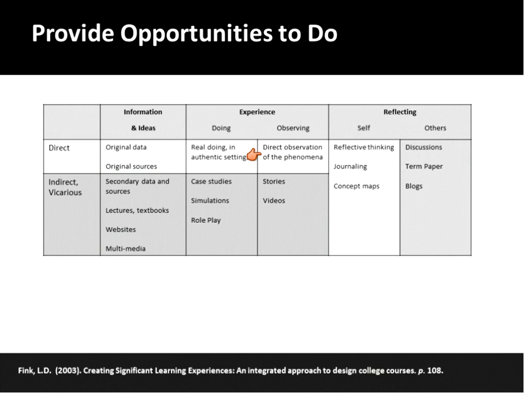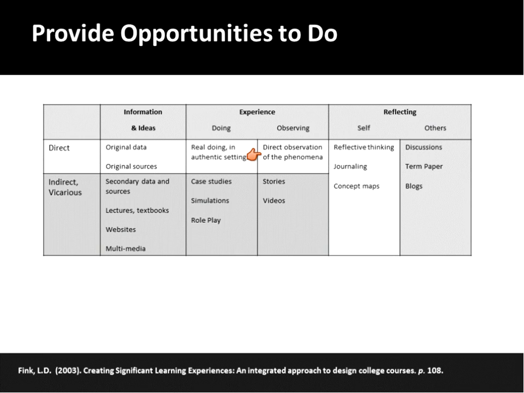And then there's this idea of observing. When you first see observing, you may be tempted to think, well, isn't that getting back to a more passive experience? But I love the way Fink describes this, because this is an observation of a phenomenon.